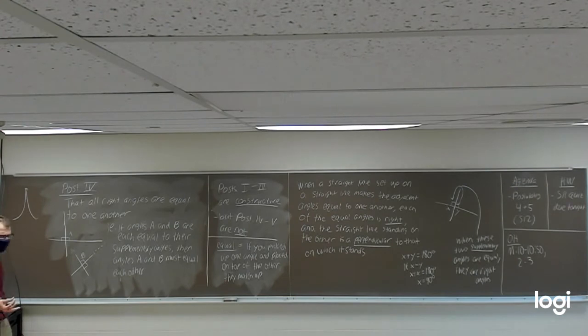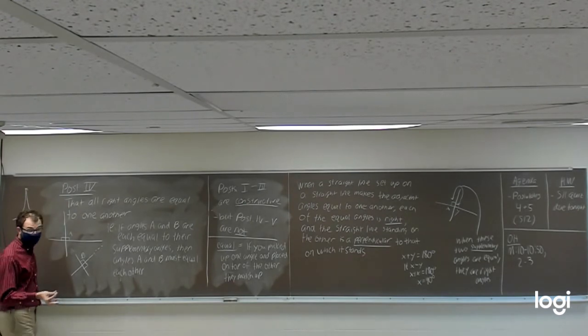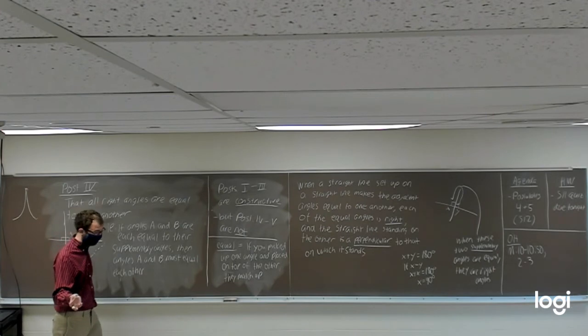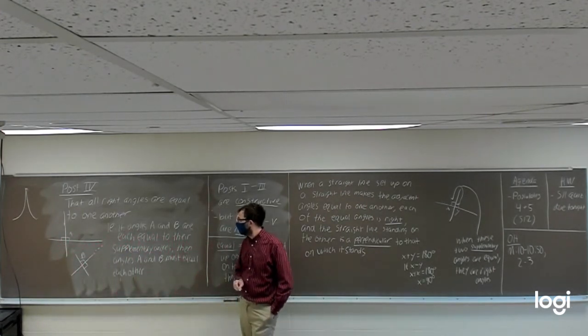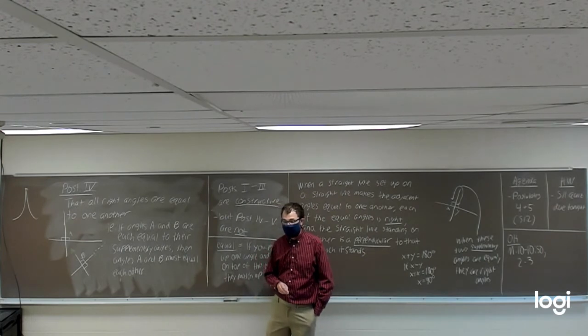With his definition of a right angle, it's not incredibly obvious. That's a good way to put it, and I would definitely agree. It feels a little obvious because he's saying right angles are equal to one another, but he defined a right angle as adjacent angles equal to one another.